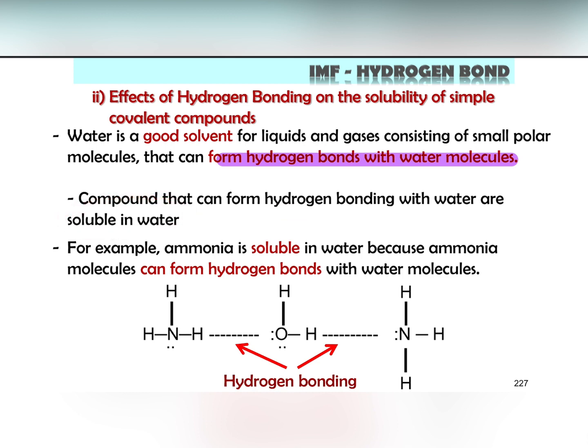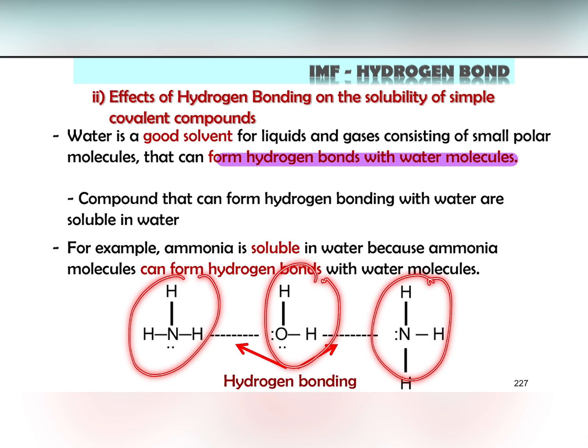For example, here kita ada ammonia, NH3 with water molecule. Kamu boleh nampak dekat sini akan ada hydrogen bond between H daripada ammonia and also oxygen daripada H2O molecule. And dekat sini akan ada another hydrogen bond between nitrogen and also hydrogen from water molecule.